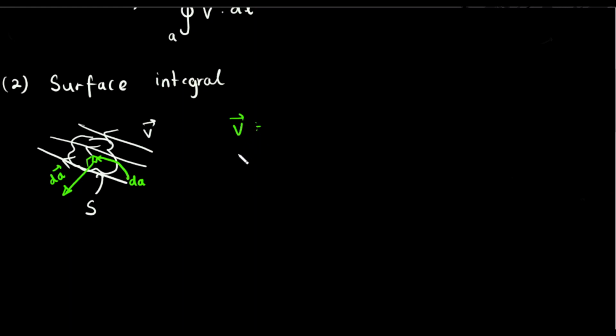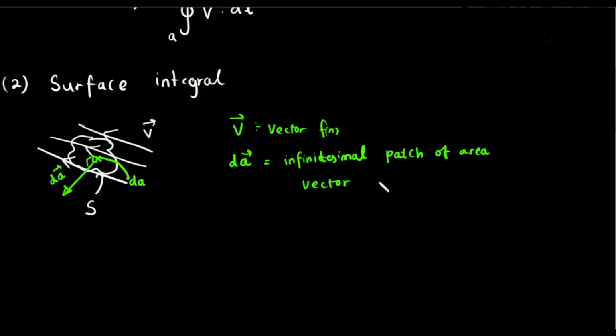So the dA vector is the infinitesimal patch of area vector which is perpendicular to the infinitesimal surface area dA.